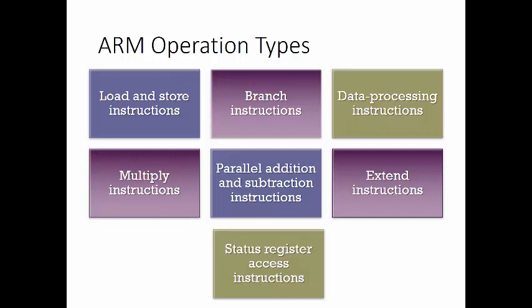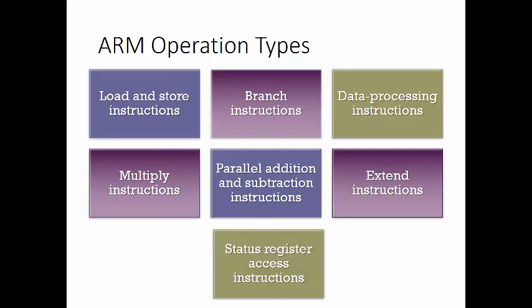For example, ADD16 adds the top half words of two registers to form the top half word of the result, and adds the bottom half words of the same two registers to form the bottom half word result. These instructions are useful in image processing applications and similar to the x86 MMX instructions.